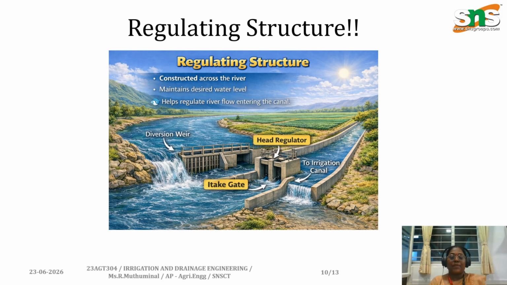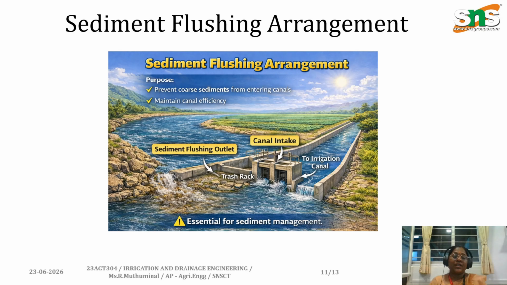Another critical aspect is the sediment flushing arrangement. Rivers carry suspended particles of sand and silt. If these particles are allowed to enter canals continuously, they may settle and reduce canal efficiency. Therefore, sediment flushing arrangements are provided to remove deposited materials and maintain smooth operation.